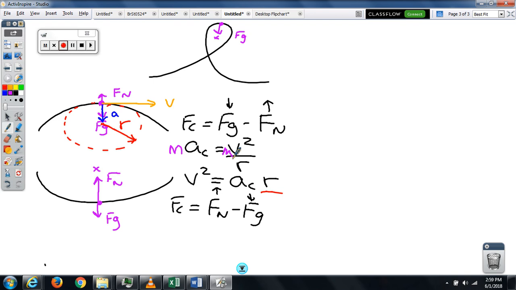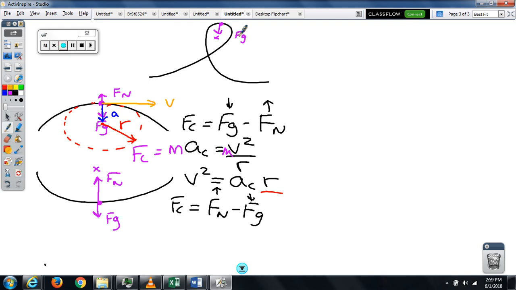Put an m here, put an m there, and this is Fc, because F equals ma, which is mv squared over r. So if you go faster through this loop, that requires more force. Well, gravity's all you have, so you would need more force to push you down through the loop.